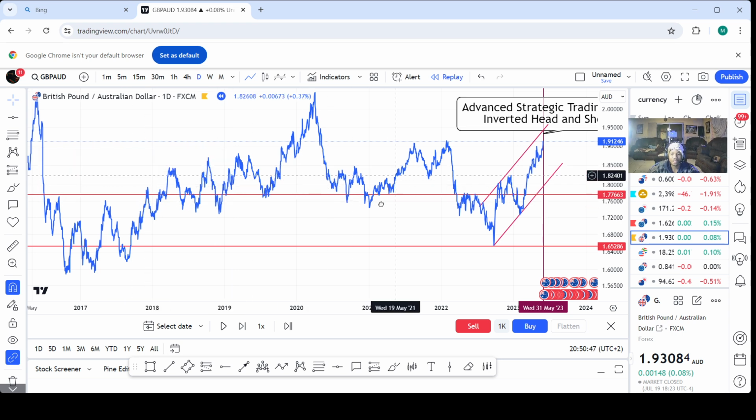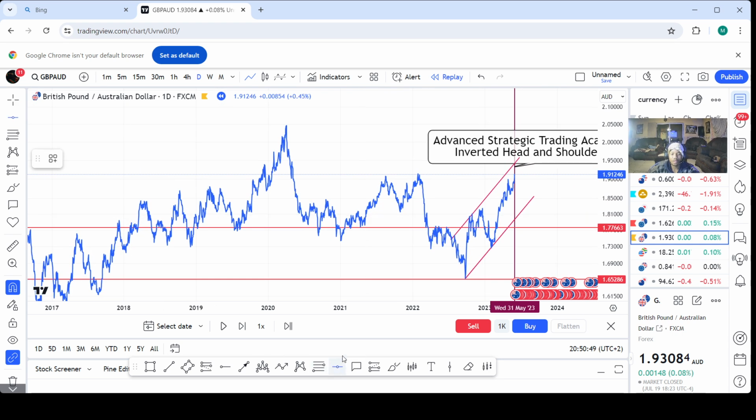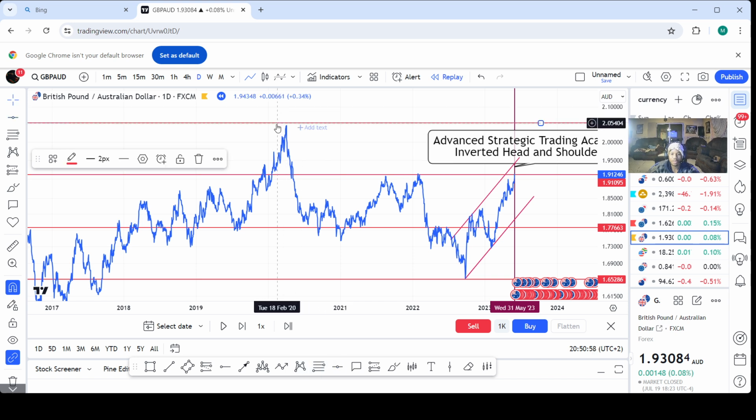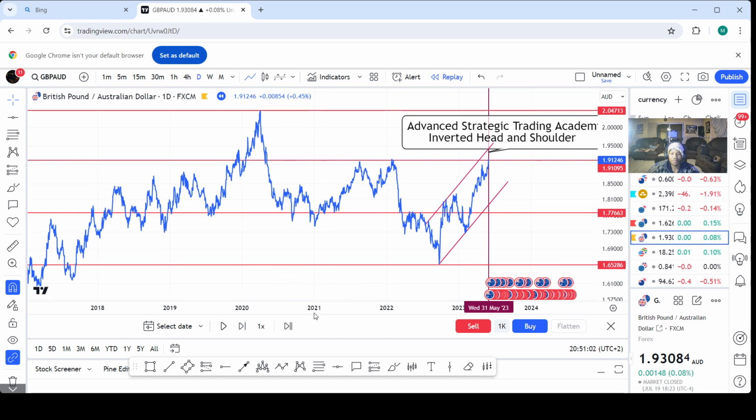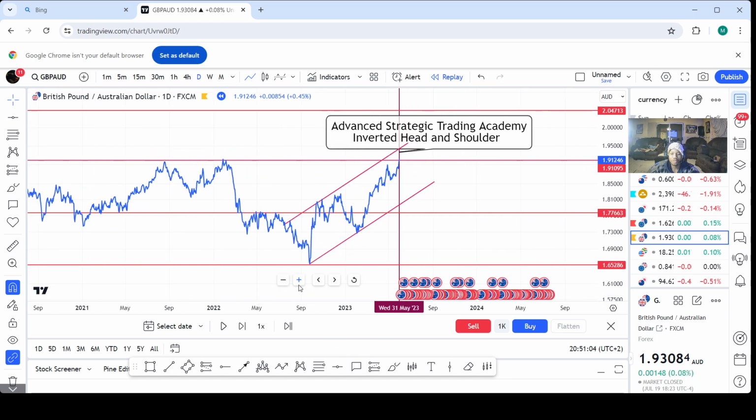Then we're going to have our final one here for now. Once the market breaks above there, we can also add in one here at the top. So basically, this is how it looks on the daily.